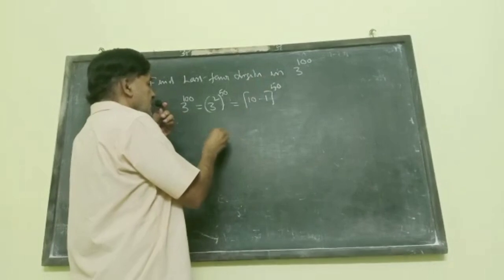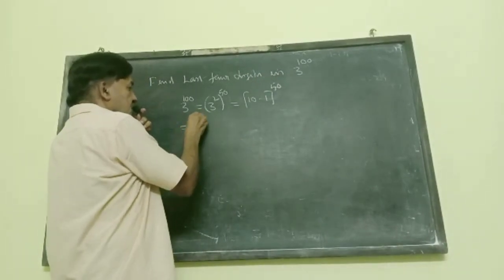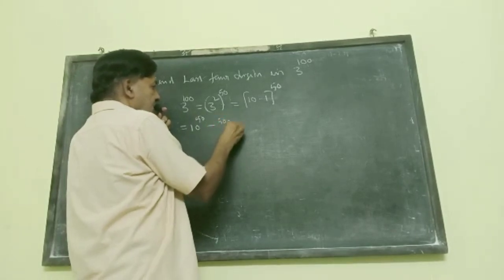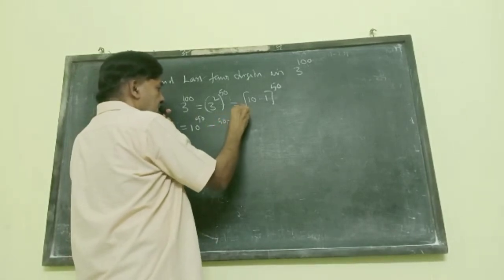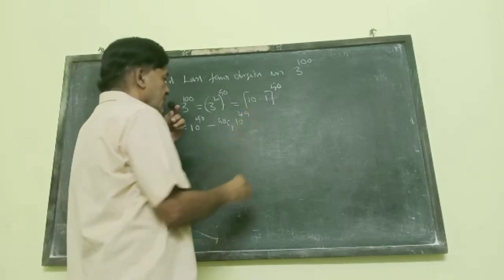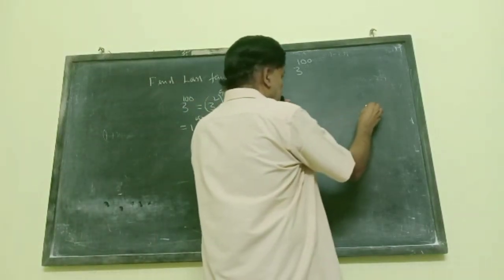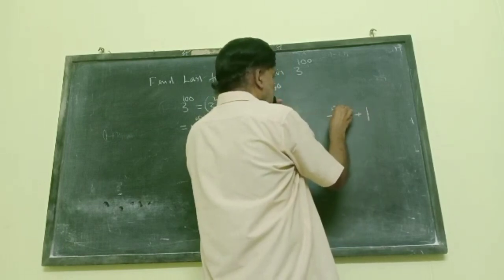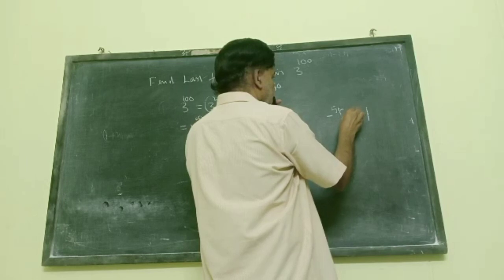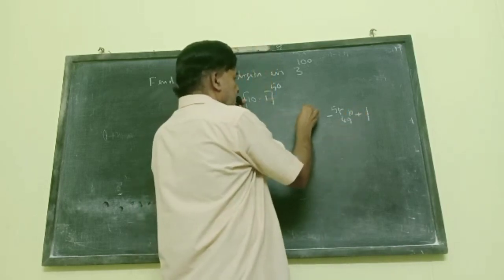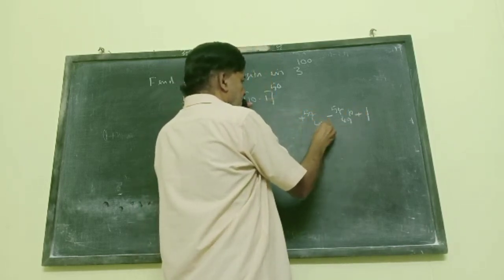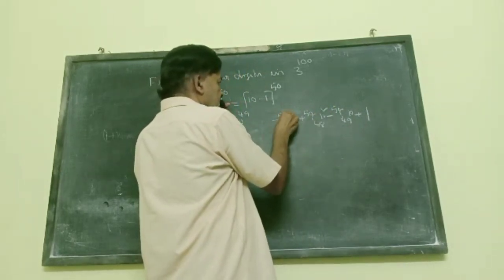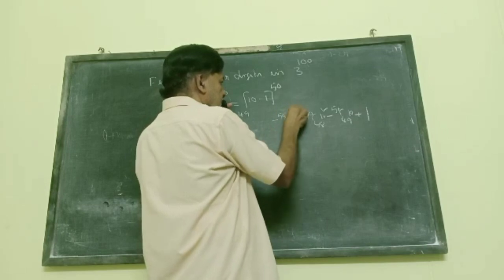When you expand this, 10 power 50 minus 50 C1 10 to the power of 49, and so on, finally 1. Before this, minus 50 C 49, 10. Before this, 50 C 48, 10 square. Before this, 50 C 47, 10 cube.